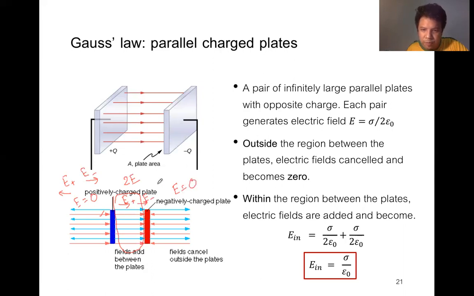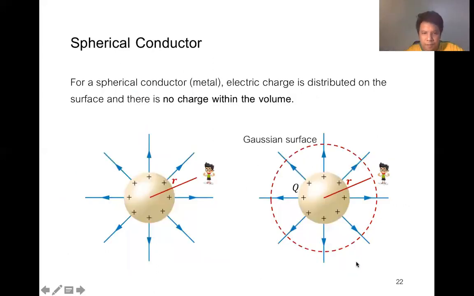So for the electric field between the plates of charge Q and minus Q, the field from one plate and the field from the other plate add up together to be sigma over epsilon 0. So that was that case.